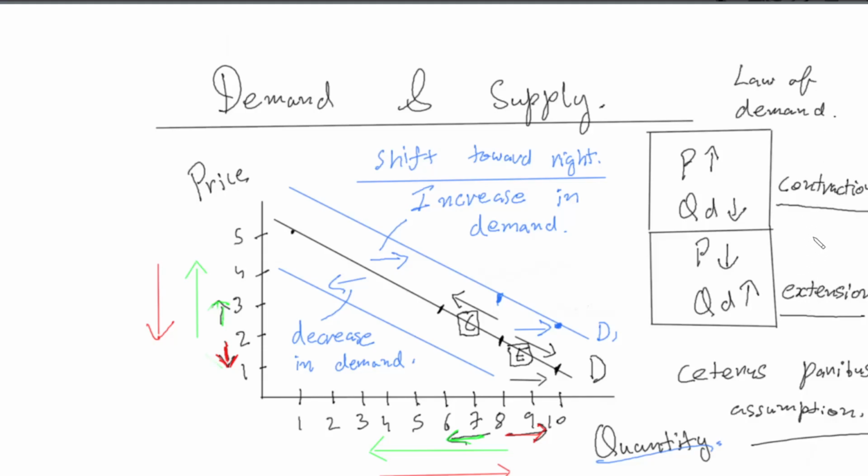And when we are applying the law of demand, we are assuming ceteris paribus, that all other factors are held constant. And when we're not going by this assumption, and when we are accounting for the effect of non-price factors, then this causes the demand curve to shift. It either shifts towards right when there's an increase in demand, or it shifts towards left when there's a decrease in demand. I think that much will be it for today's video.